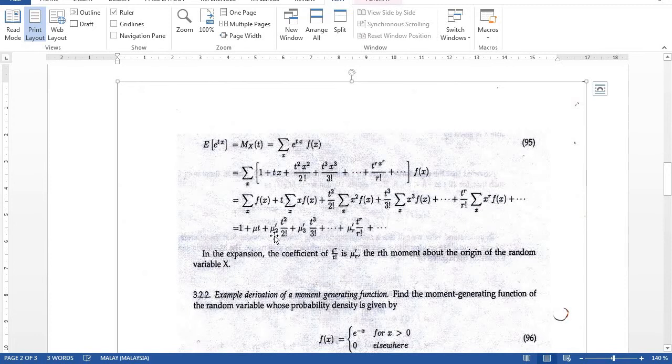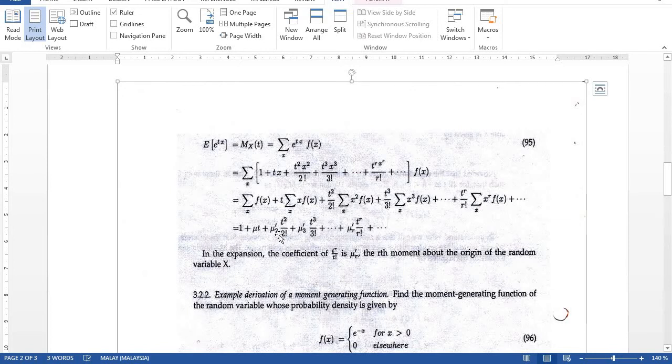So this is our expected value, and then the third term is this term multiplied with this one. This one we learned already, our moment. This one will be E(X squared), right? The second moment.